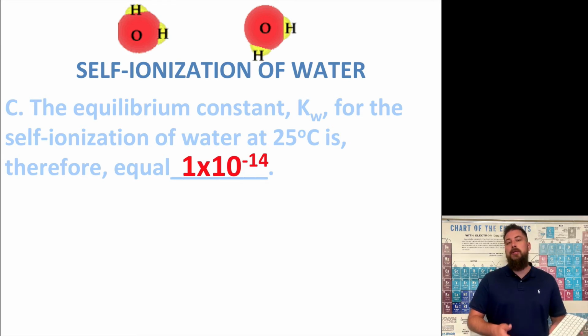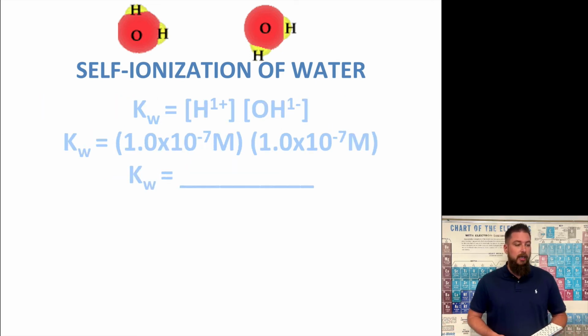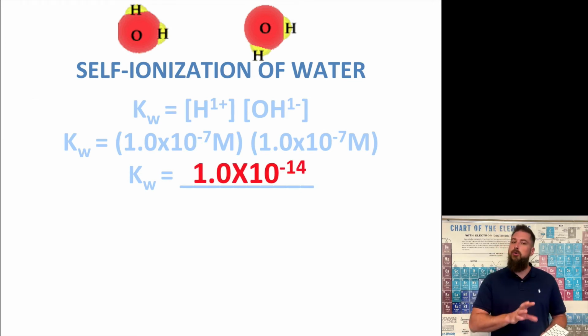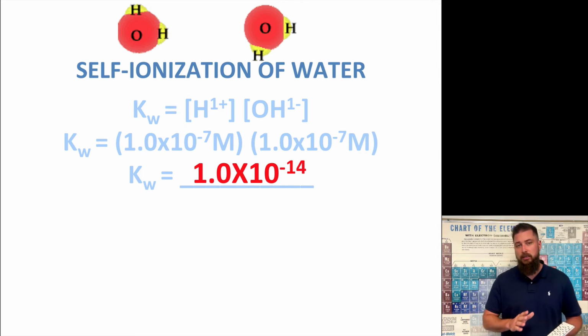We call that equilibrium constant Kw. The W stands for water because it's the self-ionization of water. The way that we derive Kw is by multiplying the concentration of the hydrogen ion by the concentration of the hydroxide ion. So the hydronium ion times the hydroxide ion will give you Kw.